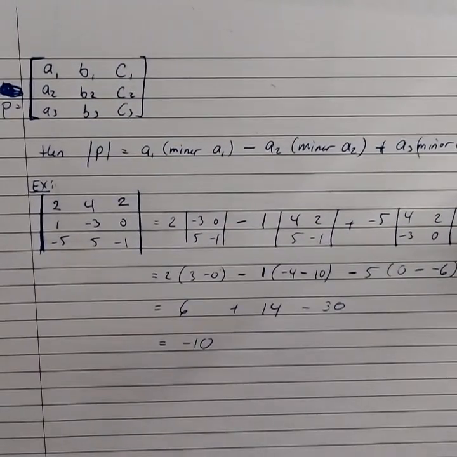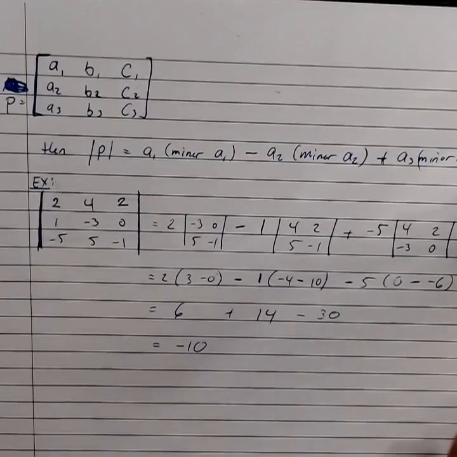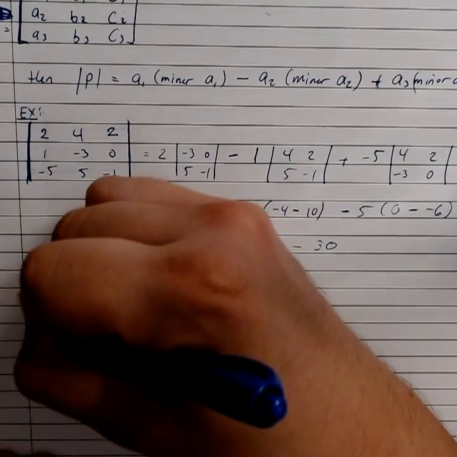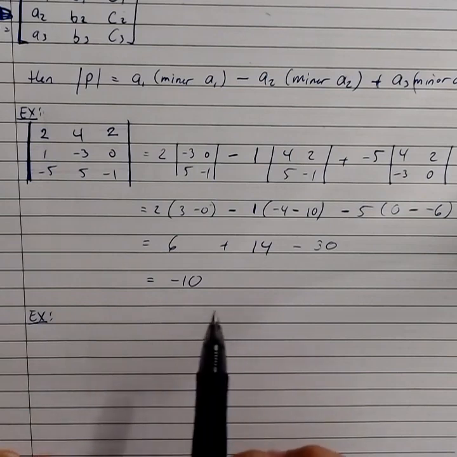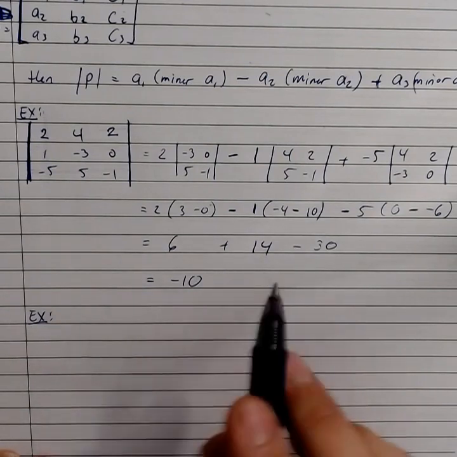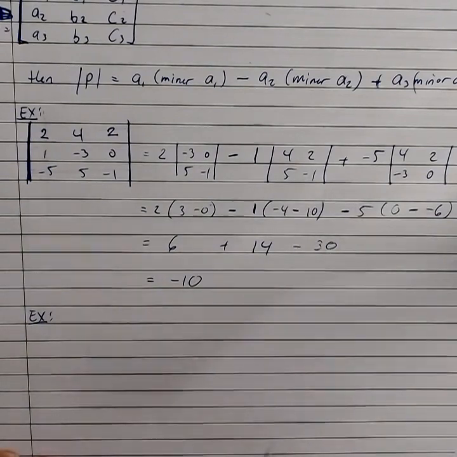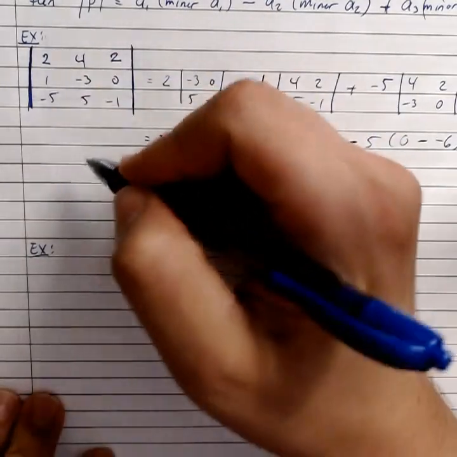This works for a 3 by 3 matrix. And since that's all we're doing, 2 by 2 and 3 by 3, let's go ahead and show an alternate method. It doesn't give you a different answer. It's not really any easier or harder. You're going to notice it works very much the same way. It's got the same amount of effort. It's just a slightly different way of doing it. Some people prefer this way, and some people will prefer the other way. So I'm going to use the same matrix here.